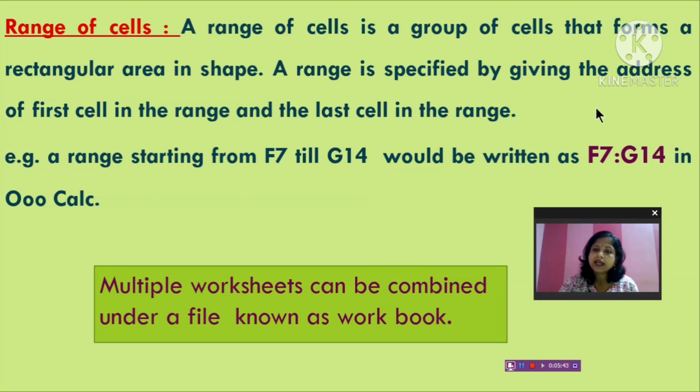That means it identifies all the cells included between these two cells. Range means whenever we will give address to the range, we will write the first corner cell address, then the last corner cell address. And it means all the cells included between these two cells.